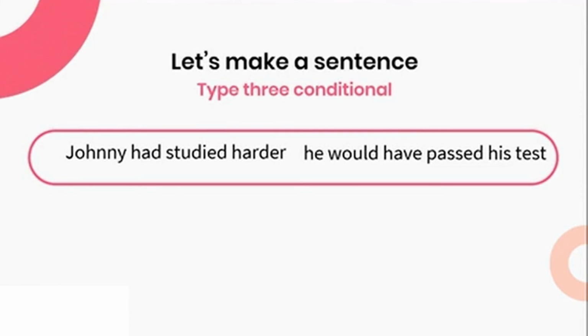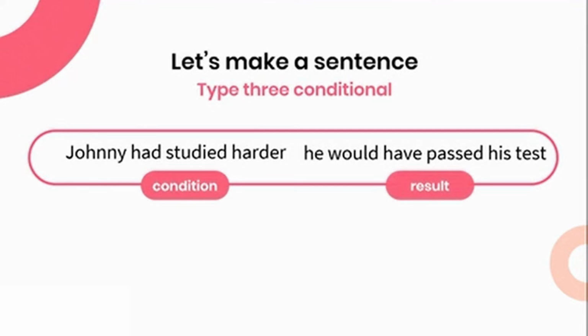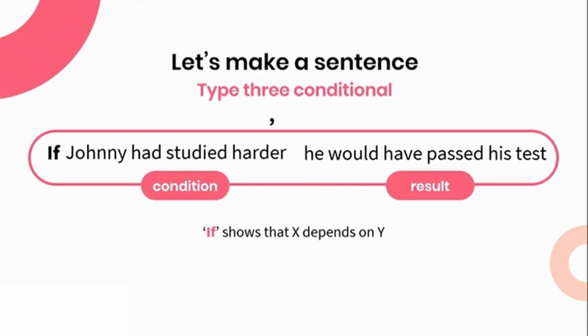Now let's make a sentence in type 3 conditional. We've got the condition and the result. What do we need to add first? By now, I'm sure you know that we need to add if before the condition. If shows that X depends on Y. Now, what do we add next? The comma. That's because the comma separates the clauses.